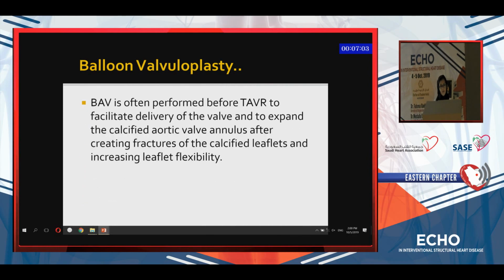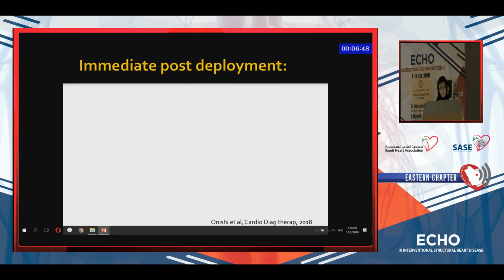During the balloon valvuloplasty before TAVR, TEE can be useful to identify post-valvuloplasty aortic regurgitation and the presence of cardiac tamponade.